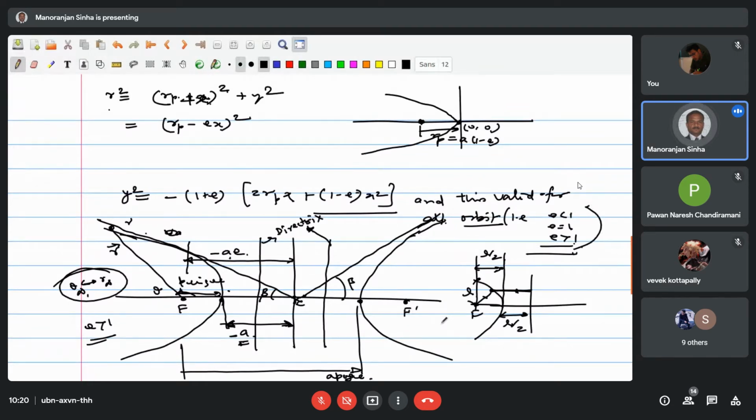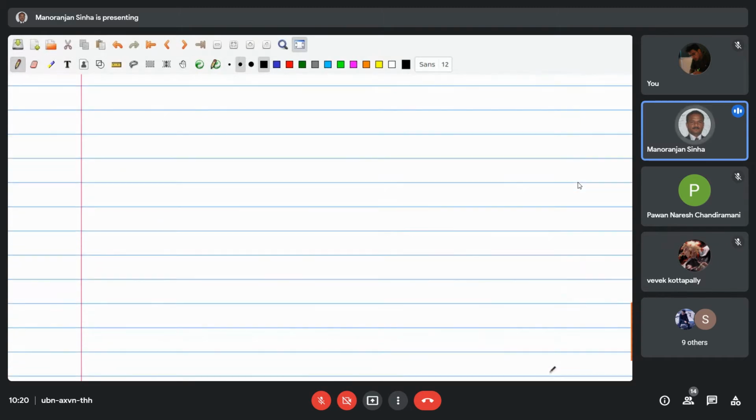So let us take one more issue related to conic section. An ellipse can also be drawn like this. We have one circle here. I have drawn a circle, but here it's appearing as an ellipse. So it's a software distortion problem.